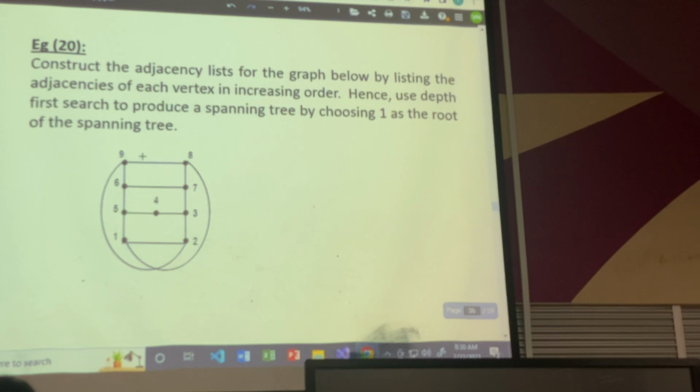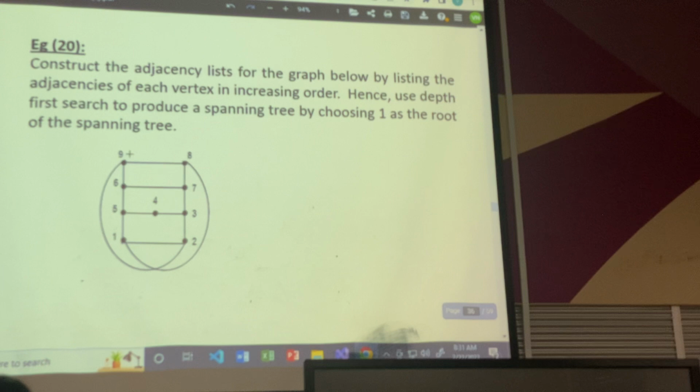They say to construct the adjacency list. Adjacency list means listing which vertices are connected to each other. So you need to list out all the vertices connected from 1 to 9. Which vertices are connected to 1, which are connected to 2, and so on. So you put it in a table form.